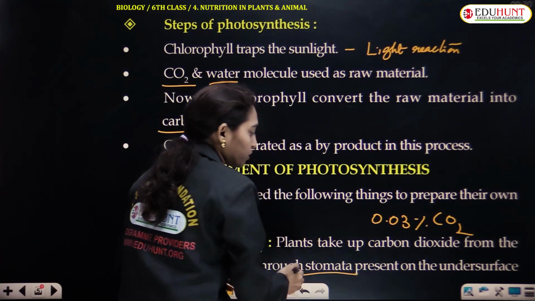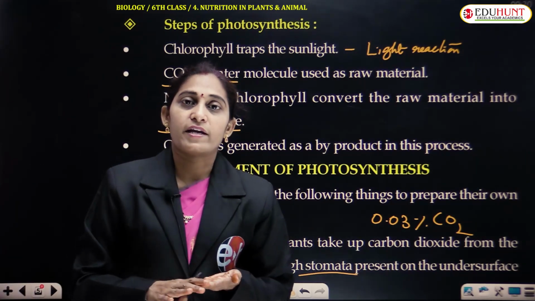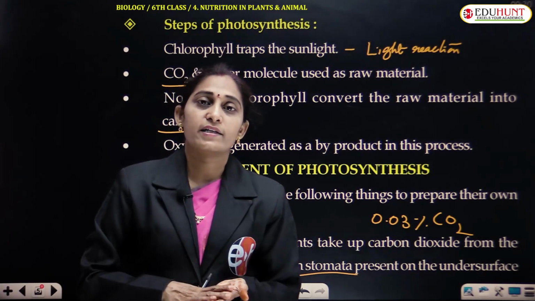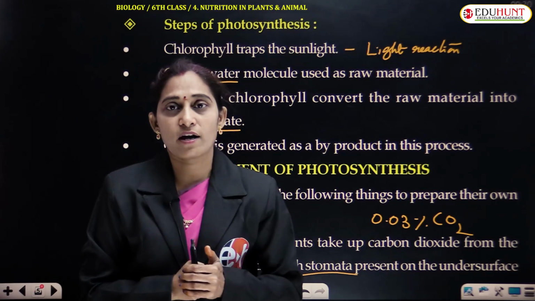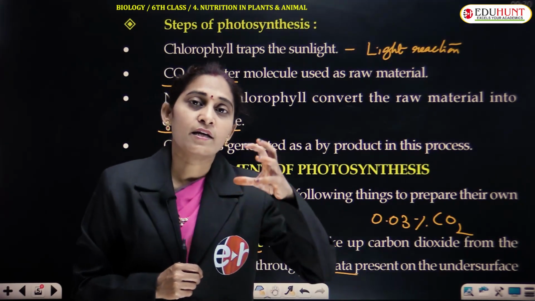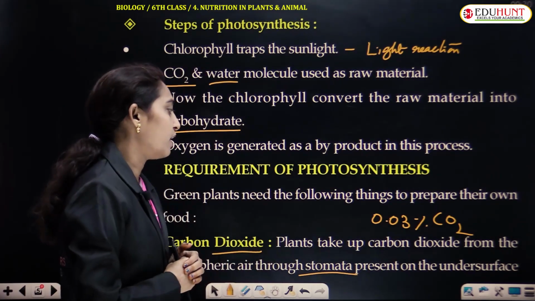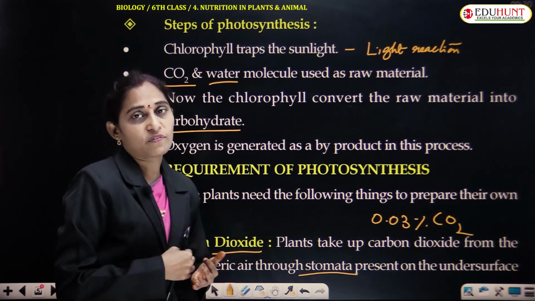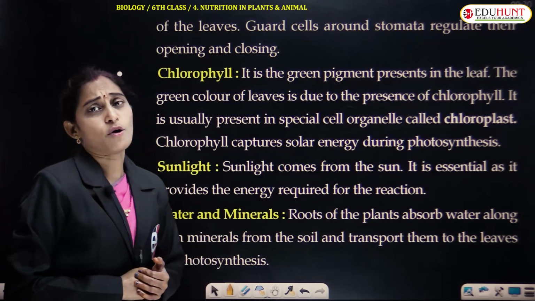Stomata are the structures present on the leaf surface. The leaf surface is provided with a number of stomata. These are tiny pore-like structures, and they help in absorbing carbon dioxide from the atmosphere. That is, exchange of gases occurs through these stomata.